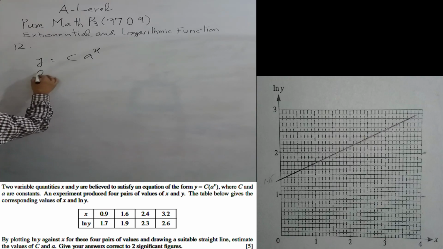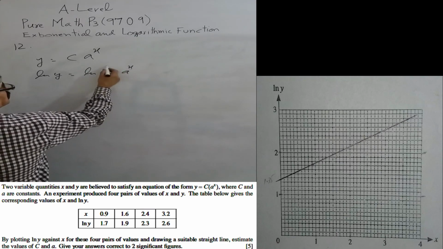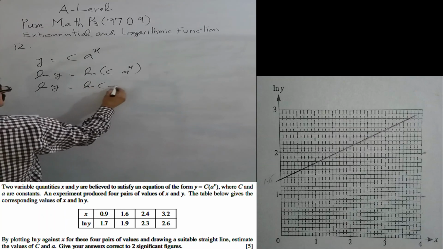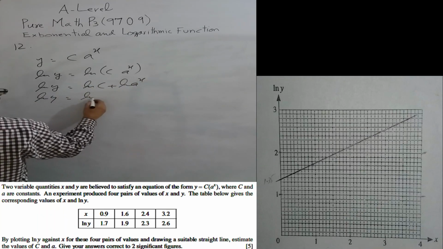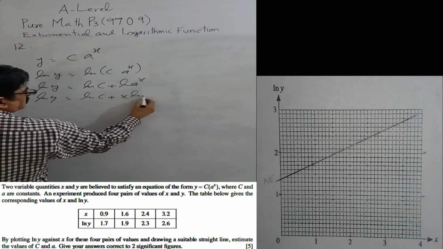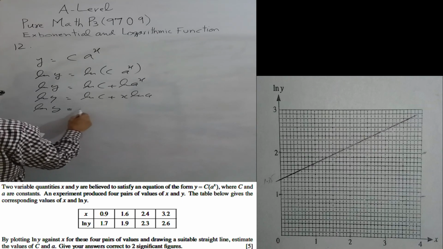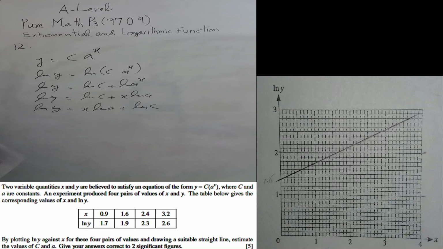Now we have y = c a^x, taking log on both sides, ln y = x ln a + ln c. Now from this diagram, you will see that ln a is equal to the gradient.